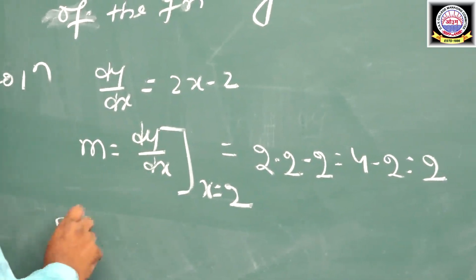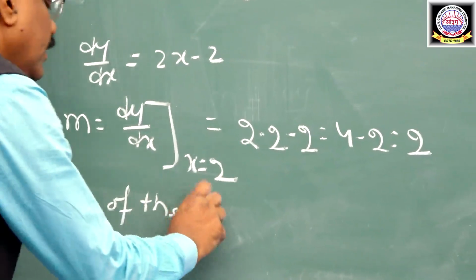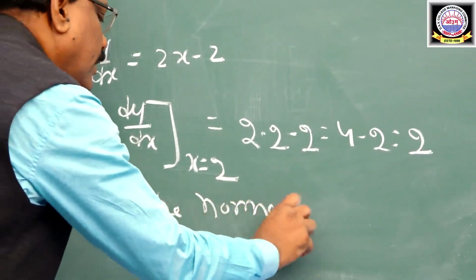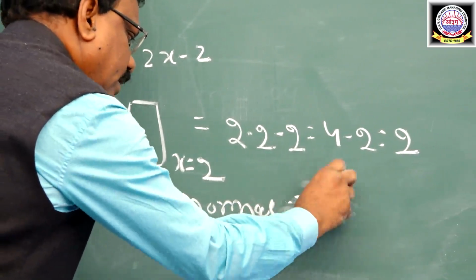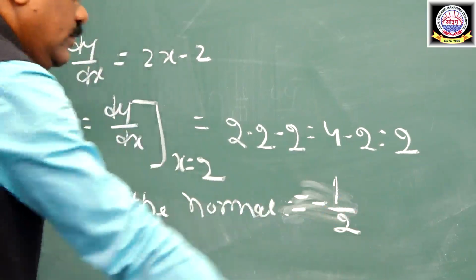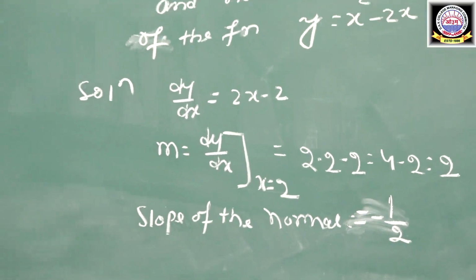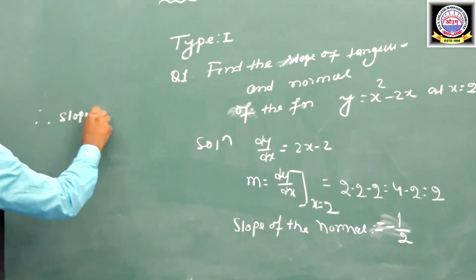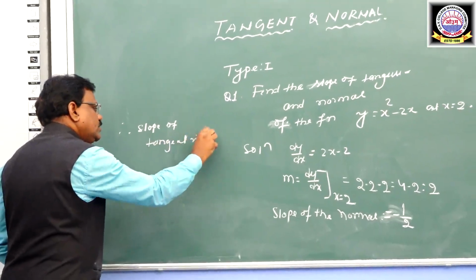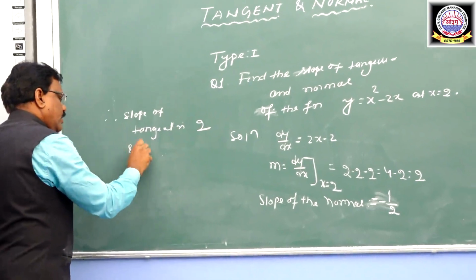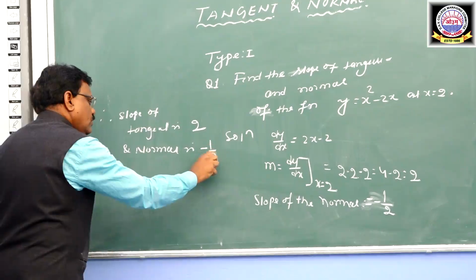So slope of the normal, obviously, it is minus 1 by 2. So therefore I can write here, slope of tangent is 2 and a normal is minus 1 by 2.